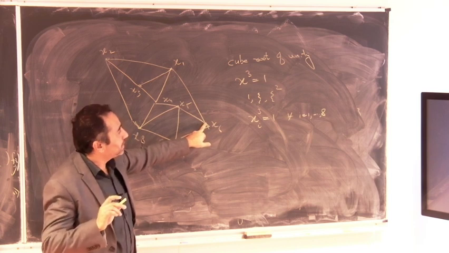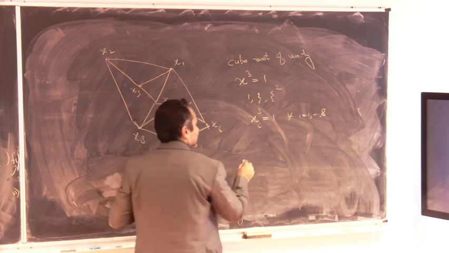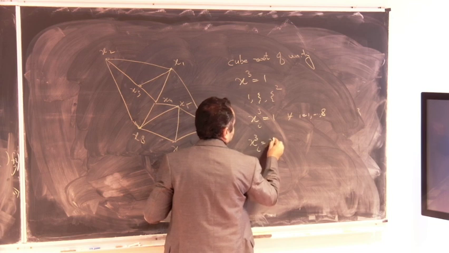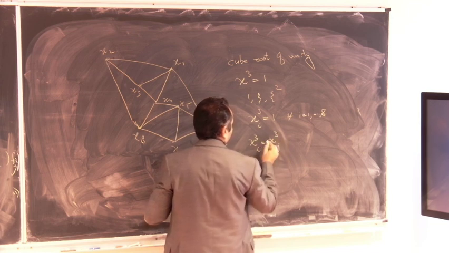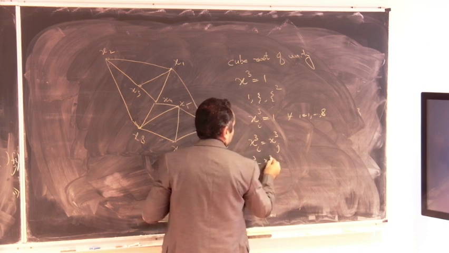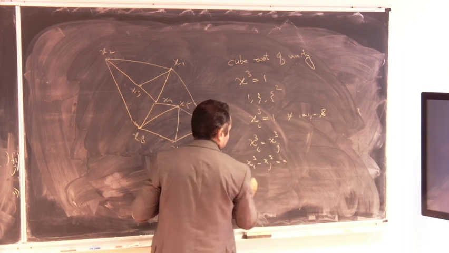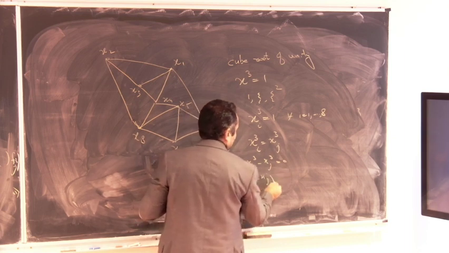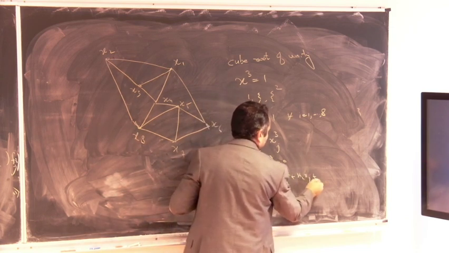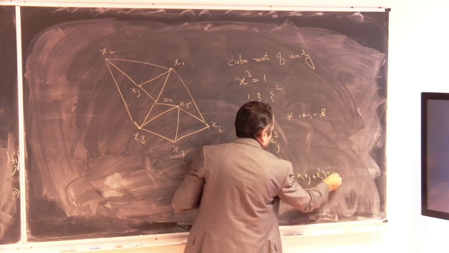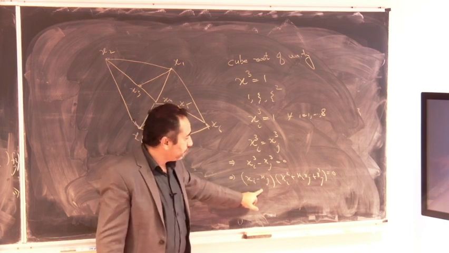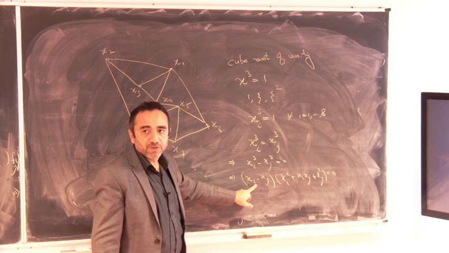So if we have xi cubed equals xj cubed, this is the same as xi cubed minus xj cubed equals 0, and this is the same as saying (xi minus xj) times (xi squared plus xi xj plus xj squared) equals 0. If xi minus xj equals 0, it means that xi and xj have the same root.